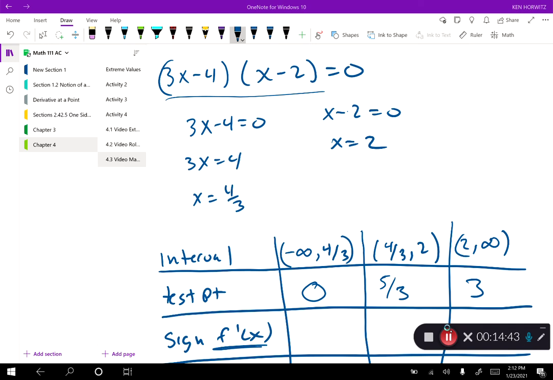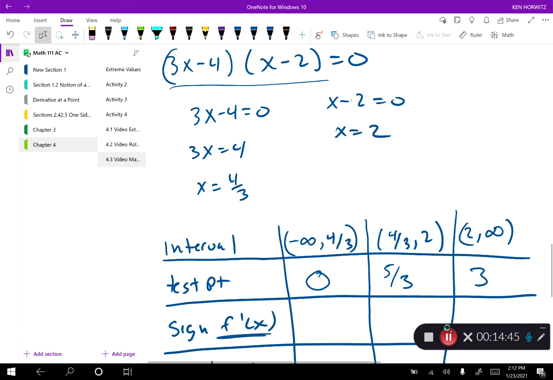All right, so I'm going to do one with you, and then we'll just talk about the others. I'm going to take 0. If I plug 0 in, 3 times 0 is 0, minus 4 is a negative number. 0 minus 2 is a negative number. A negative times a negative gives you a positive. All right? And let's take 3 and I'll put 3 through. 3 times 3 is 9 minus 4 is a positive number. 3 minus 2 is a positive number.